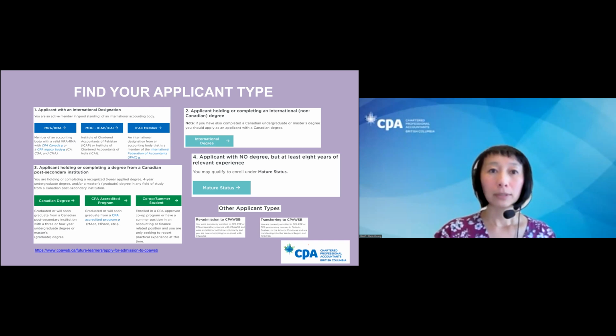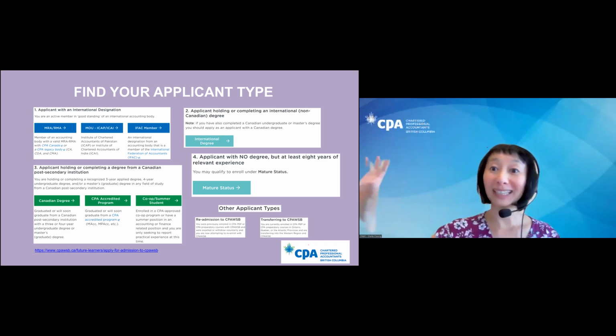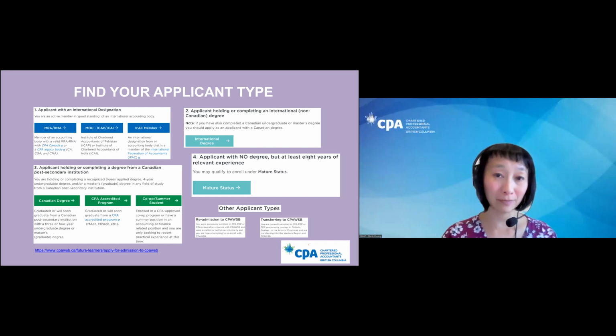Sometimes a person may be concerned: I have an international degree, but I also have a Canadian degree, so am I applicant type 2 or 3? Another example is a person who may have completed part of their international professional accounting designation program. Do I apply under applicant type 1 or applicant type 2?